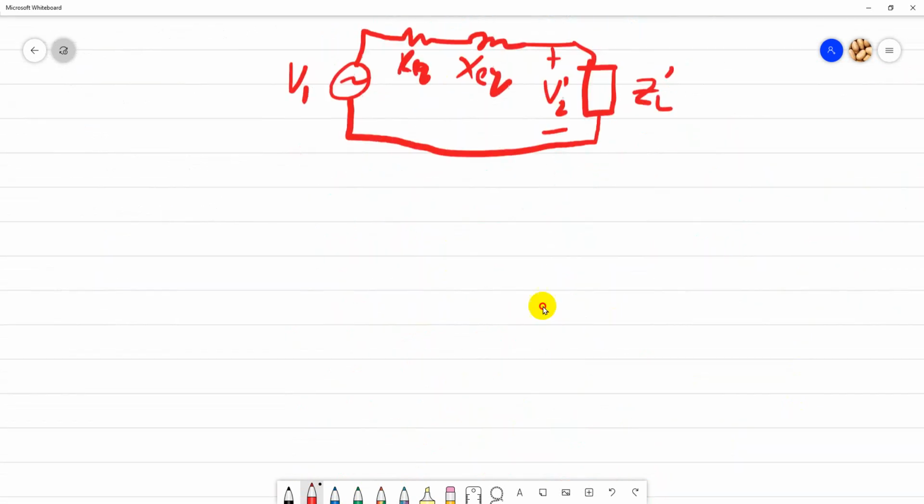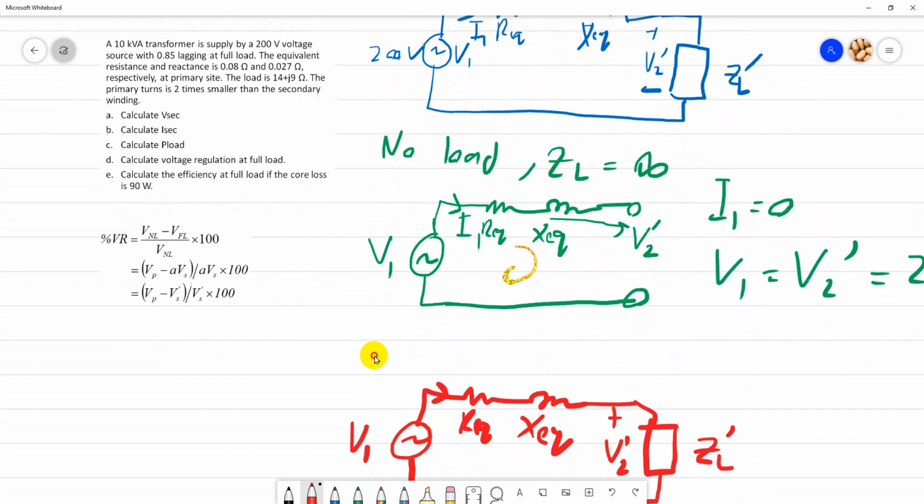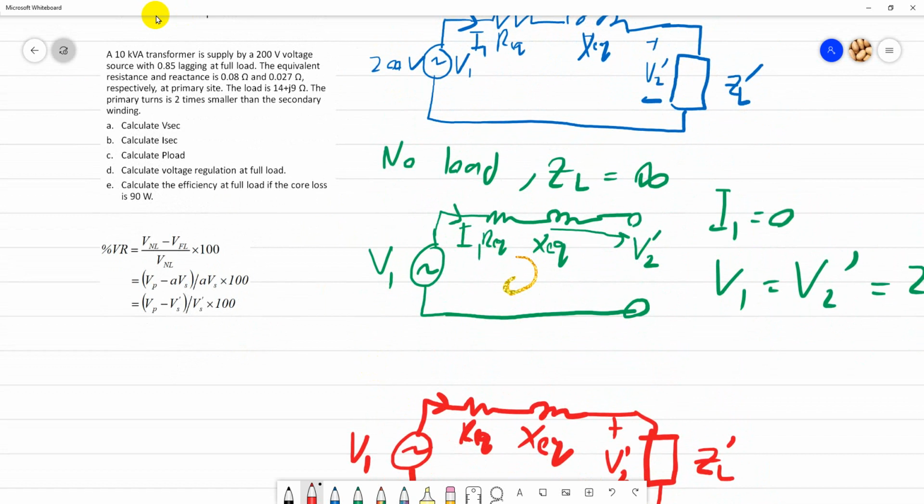So what happens is you have the current here. At full load, you have to follow the capacity here. You see here, this is the rated. Full load means that it follows the transformer rated capacity. So S rated equals 10 kVA.